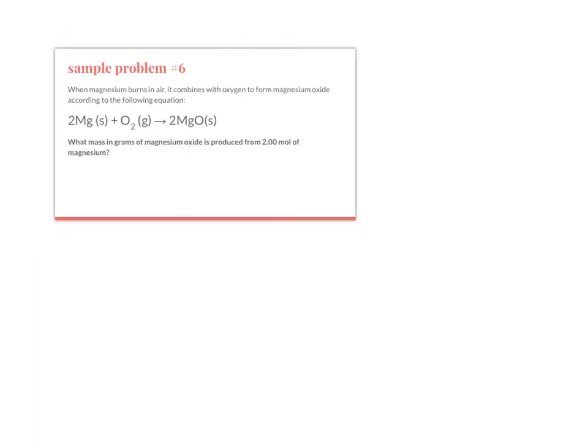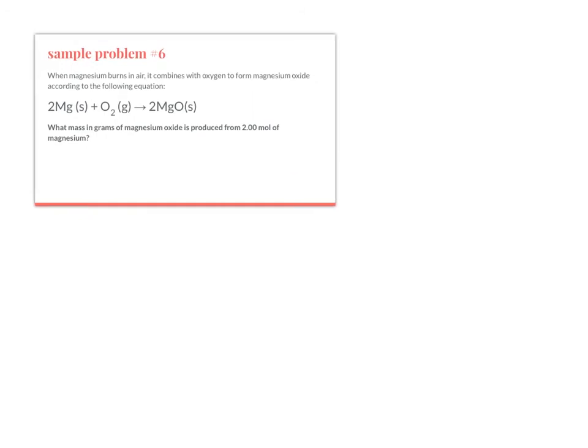So we have our balanced equation. Let's check though, because we have 2 magnesiums, 2 magnesiums, 2 oxygens, 2 oxygens. The question though is, what mass in grams of magnesium oxide, I'm going to underline that because it seems important, is produced from 2 moles of magnesium?